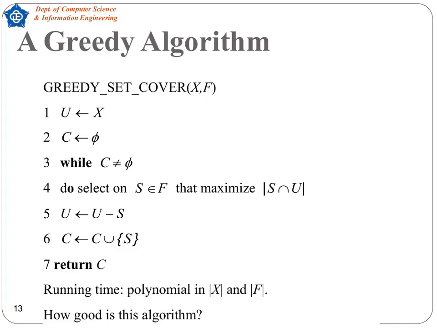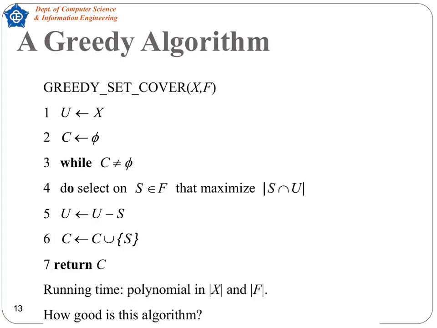Now that we've framed our problem as a set cover instance, let's explore a classic greedy algorithm. 1. Initialize U to be X, the elements still to cover, and let C be empty, our chosen cover. 2. While U isn't empty, pick the set S in F that maximizes the intersection with U, i.e., covers the largest number of yet uncovered elements.